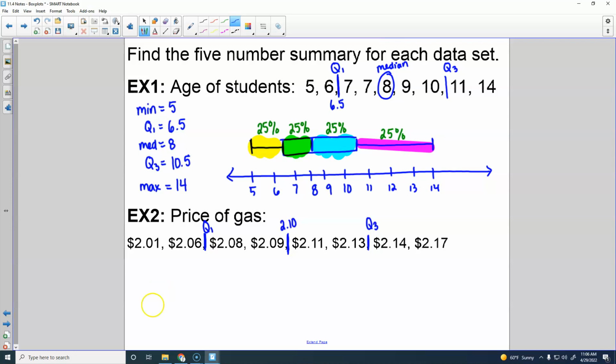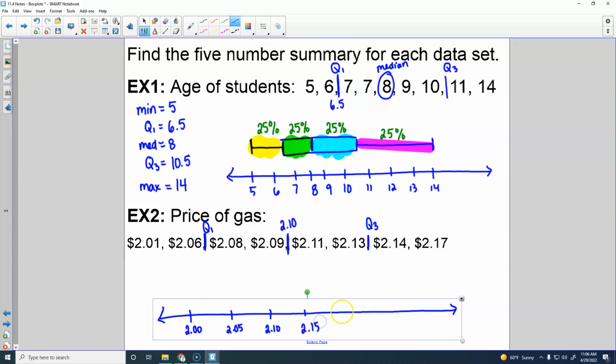And so to make a box plot for this one, I'm going to do $2. I'm going to leave a little space, 205, 210, 215, 220.